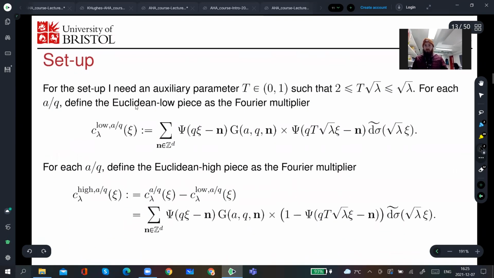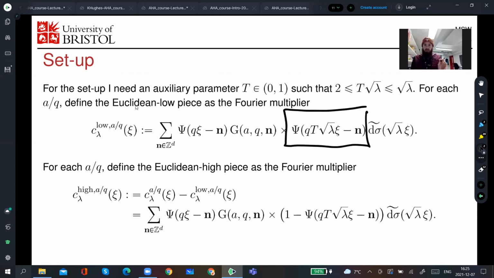And as I said before, we're going to use the high-low method. The way I'm going to follow it is from a paper of Ionescu, Alex Ionescu. And what you do is you insert some other cutoff.